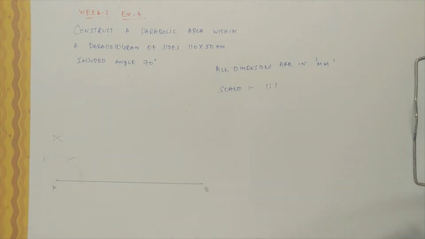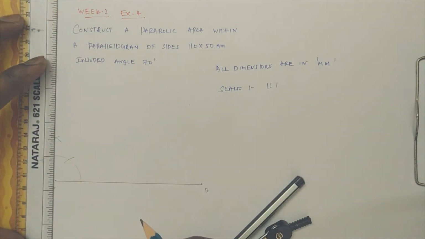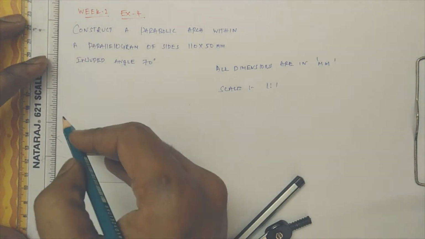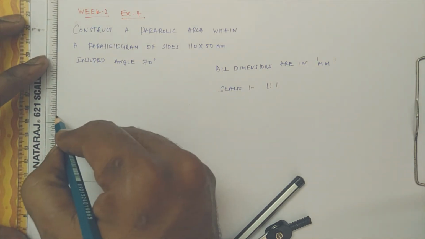So this point is exactly 90 degrees from AB. It's a way to draw the vertical line. If you have a protractor, it is okay.